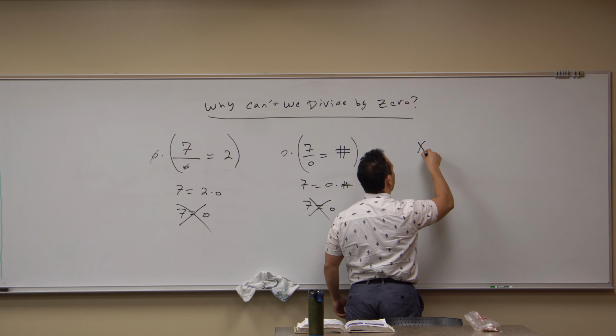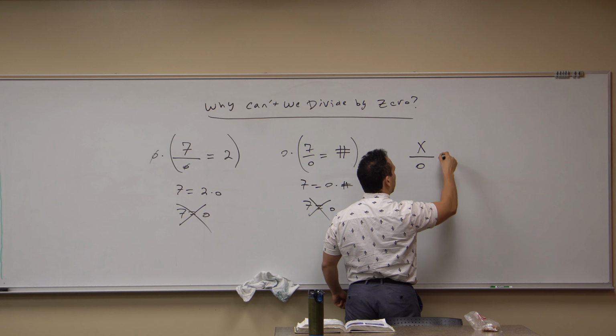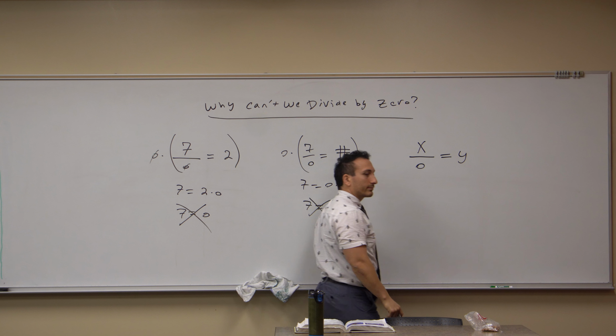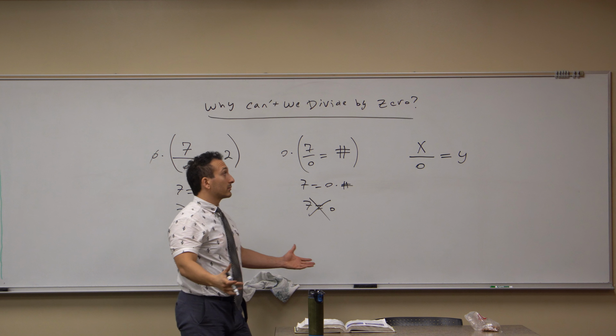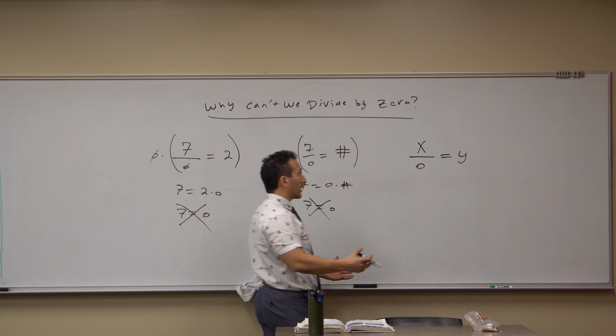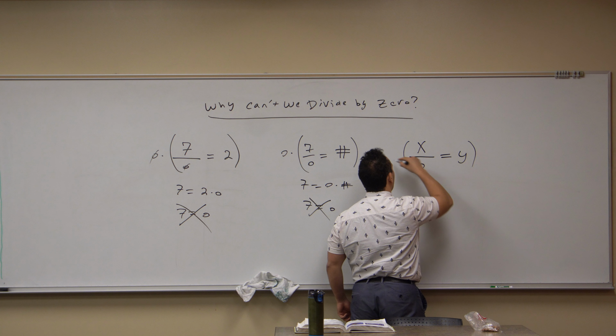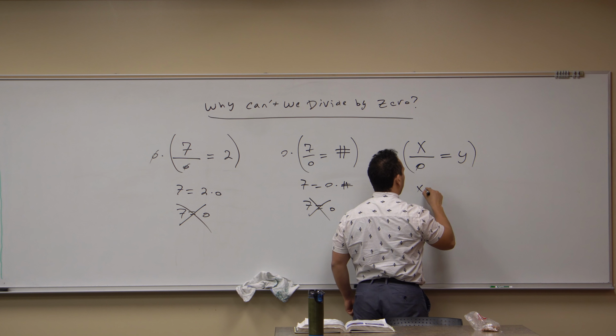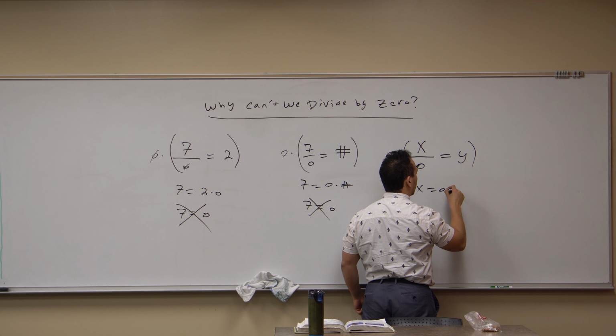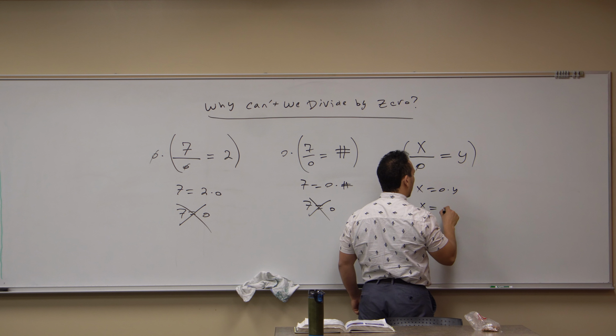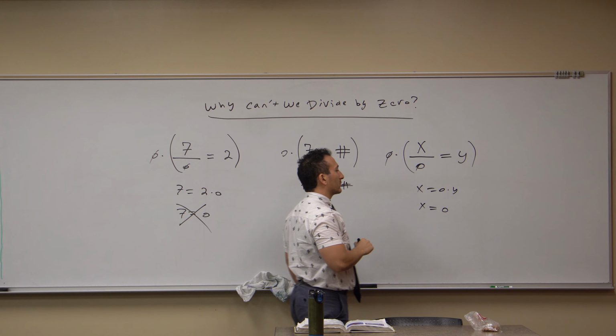Let's say any number x divided by 0 equals some y. It still doesn't work. I multiply both sides by 0, cancel out the zeros, and I get x is equal to 0 times y. That means x is equal to 0.